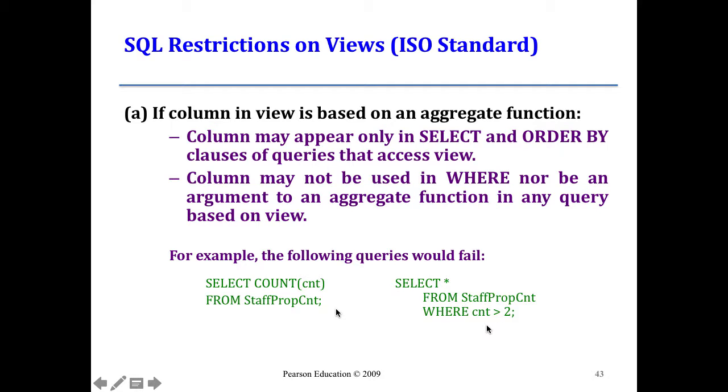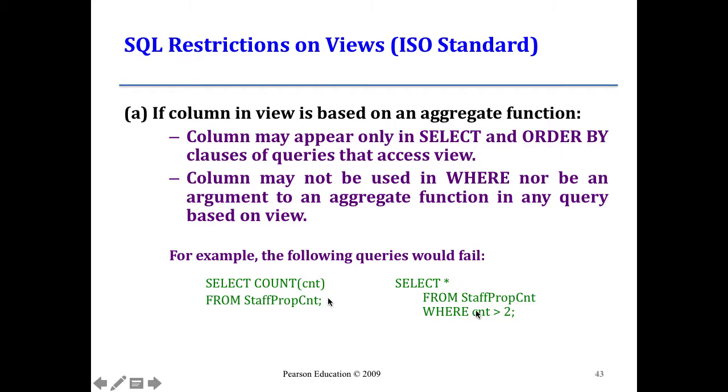can someone tell me actually, if I did view resolution, what would count be replaced with? Come on, you just saw it. Count star. Okay, if you remember back to chapter 6 in the book, where we talked about the fact that the ISO standard says that you cannot use the aggregation operators in where clauses.